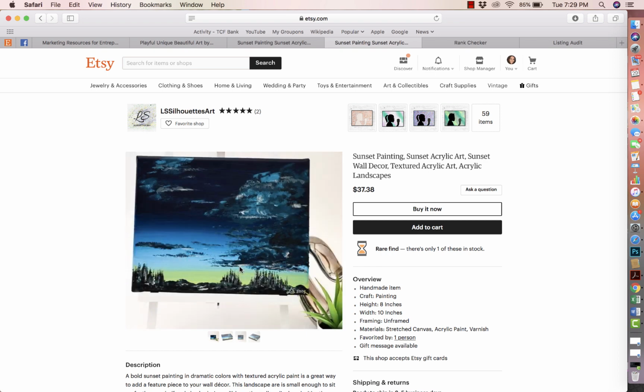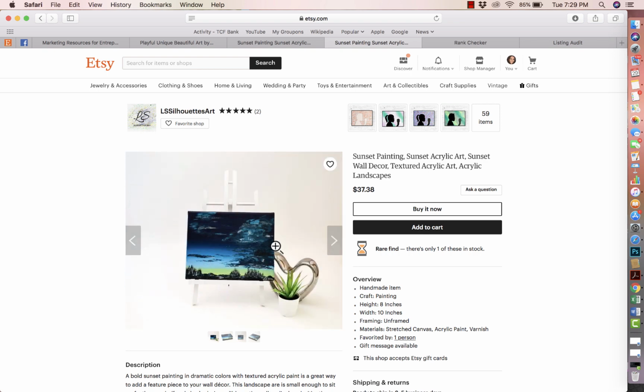Unfortunately, a lot of people are either new to Etsy or don't know that they can zoom into the photo. So what I would recommend is having that photo a little bit zoomed in so people can actually see the beautiful painting, and having it just be the painting. Don't add any additional stuff behind it, because as of right now, looking at the photo, it looks very small. I really wouldn't be able to tell what size it is.